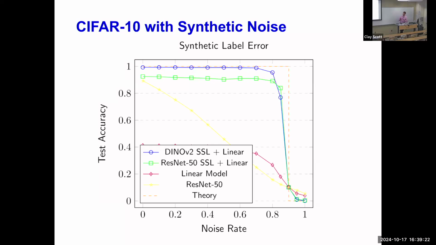Because if you do this full training, like the ResNet 50, the yellow curve, the label noise will impact the extracted features and it's going to give you poor performance. So the key is you want a feature extractor that is not influenced by noisy labels. Noisy labels are bad for feature extraction. Once you've got that, then you can do something very simple.